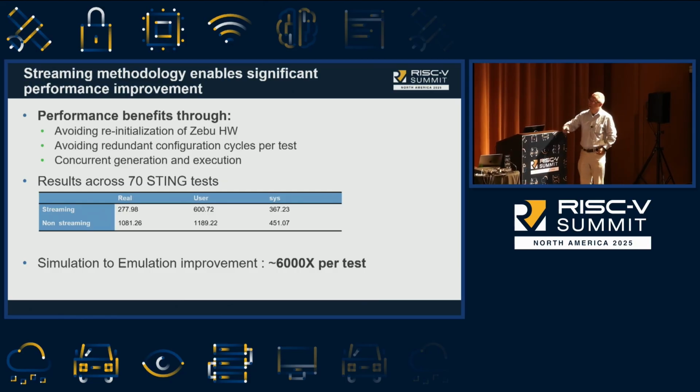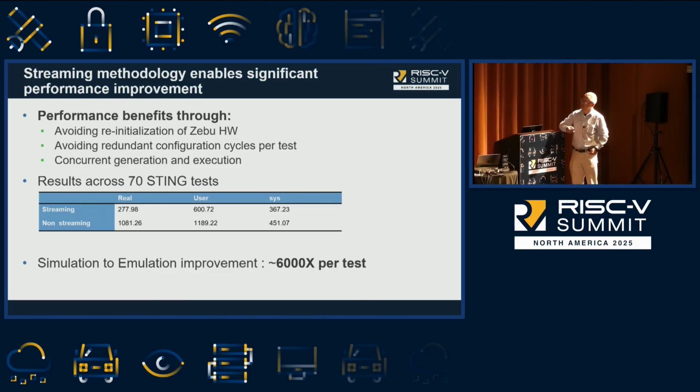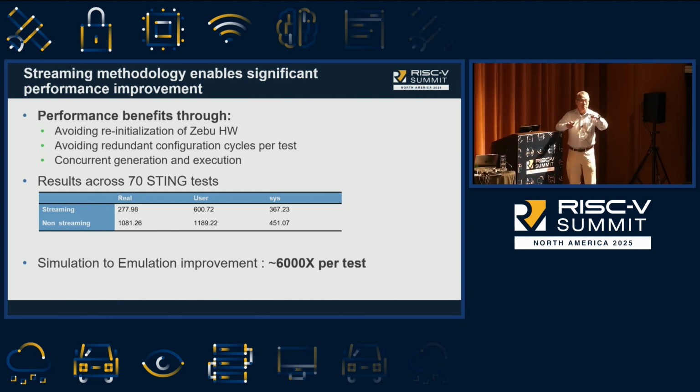So we evaluated the performance of this streaming-based method with 70 Sting tests. In the streaming mode, we can finish in about 4 minutes. And in the traditional mode, it takes about 16 minutes. Please note that this performance improvement is an add-on to the performance improvement of emulation compared with simulation.